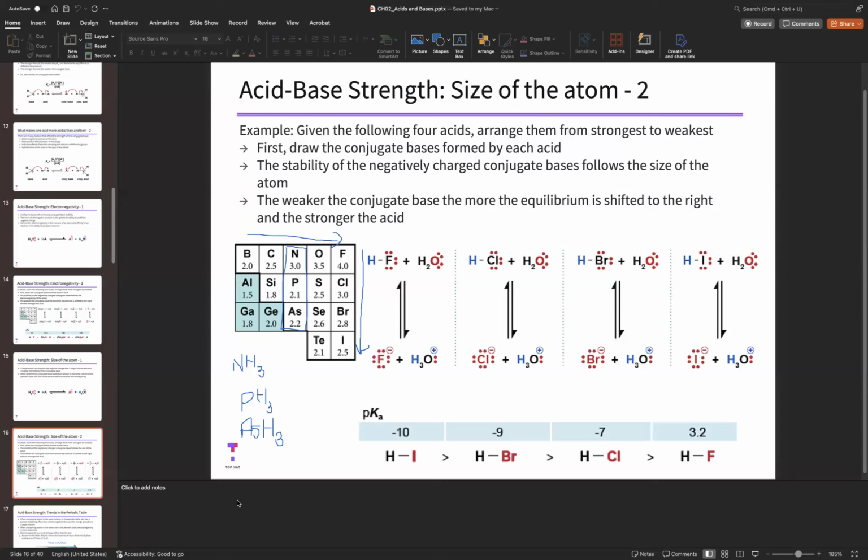And we know which is the largest atom. So which is the strongest acid here? That is correct. Many of you answered AsH3. That is the strongest acid. All right. Followed by PH3, followed by ammonia.